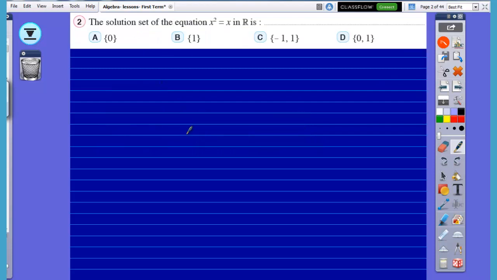Next question. The solution set of the equation x squared equals x in R is. Here we have x squared equals x. So x squared minus x equals 0, and we can factorize it by taking out the highest common factor, which is x.